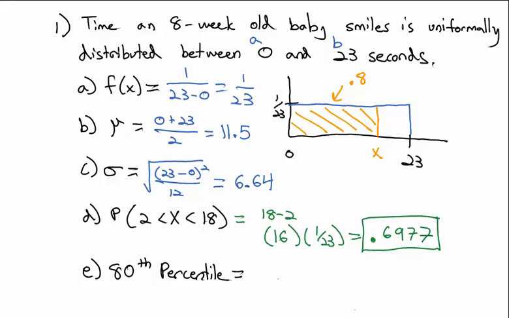So, again, it's just an area formula. The length, we're going from 0 to x, so x minus 0, or just x, times the height, which is 1 over 23, equals that area I want of 0.8.